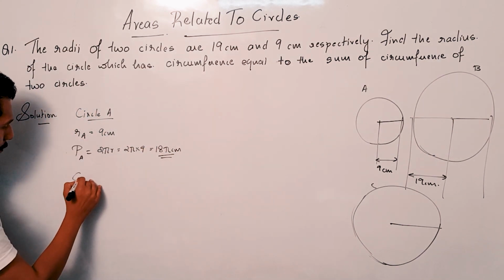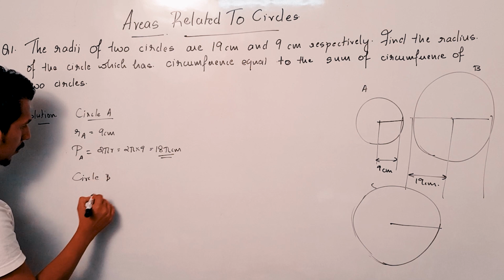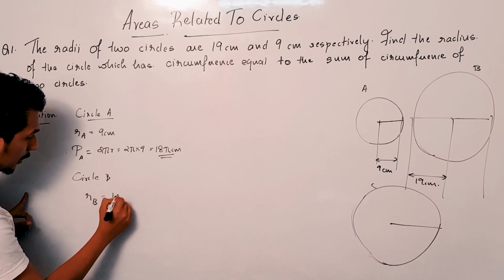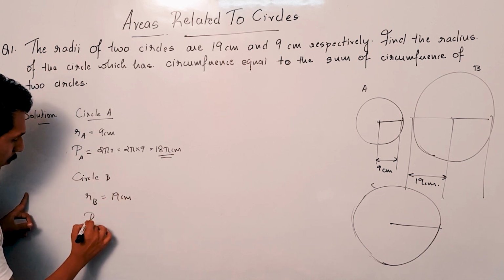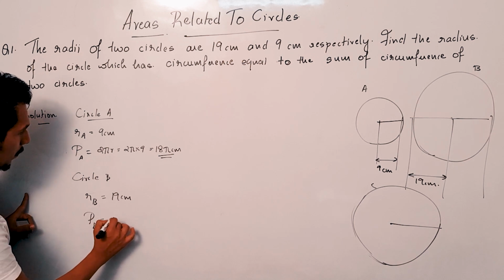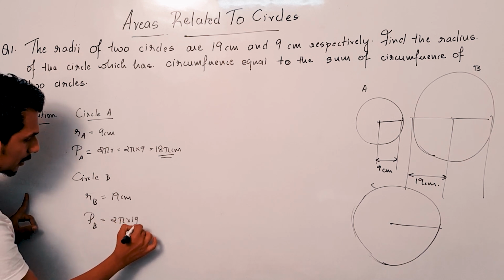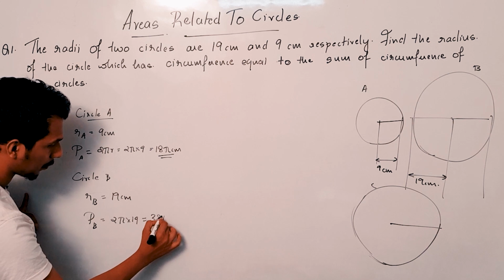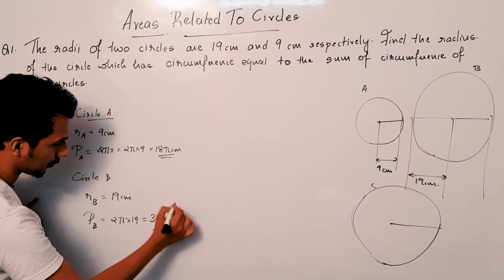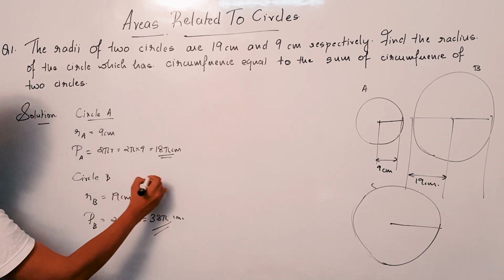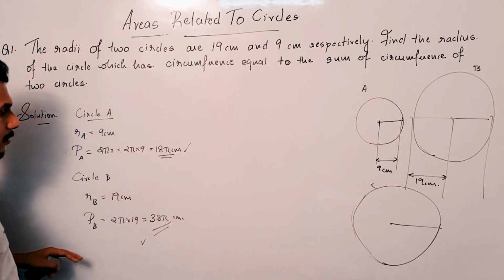Then we have circle B, whose radius is given as 19 centimeter. So perimeter of the second circle will be 2 pi into 19, which is 38 pi centimeter. So we have the perimeter of the first circle and the perimeter of the second circle.